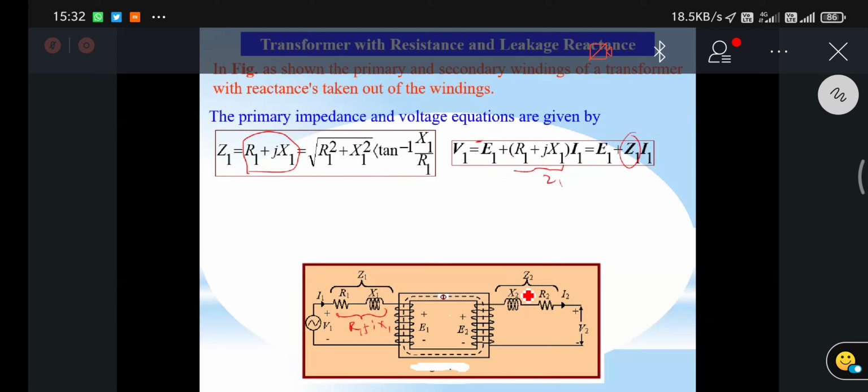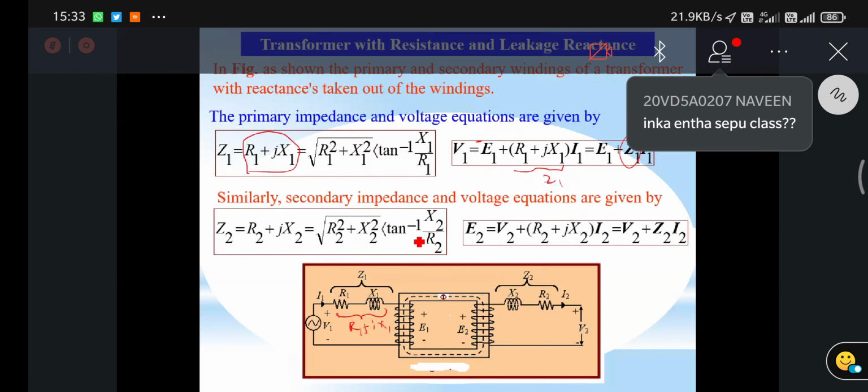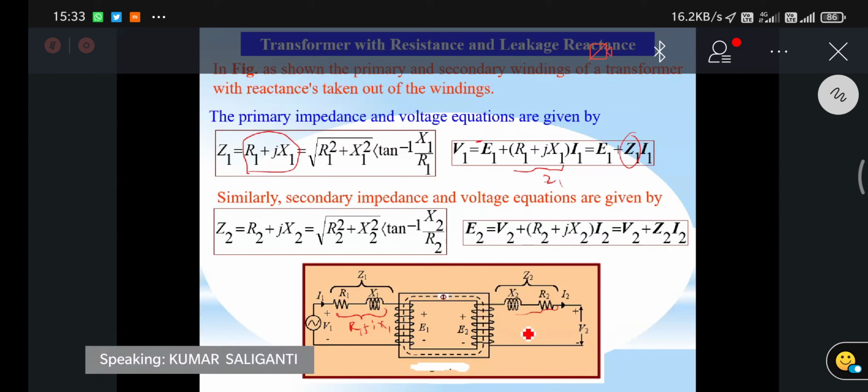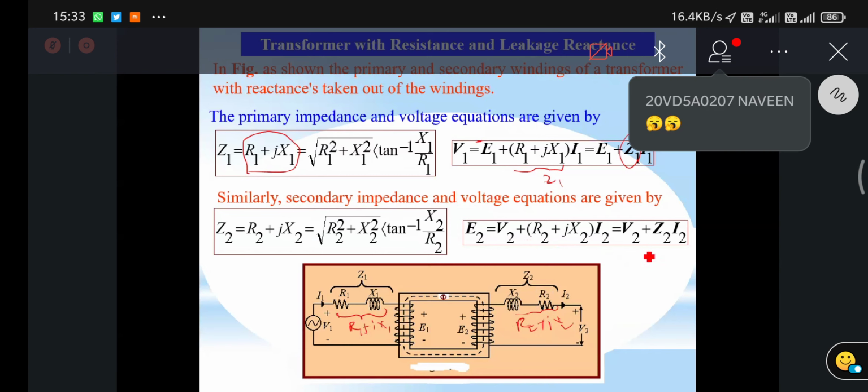Similarly, the secondary impedance and voltage equations are Z2 equal to R2 plus jX2, that is the square root of R2 square plus X2 square, at angle tan inverse of X2 by R2. E2 equals V2 plus (R2 plus jX2) of I2, that is V2 plus Z2 I2.